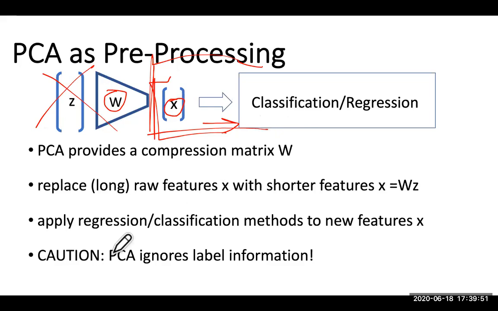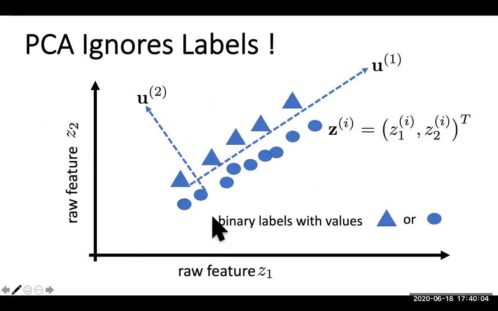But the important thing here is this might sometimes not work well, because PCA, the plain vanilla or standard form of PCA, ignores the label information. And I want to illustrate this with a very exaggerated, pathological example where we have a binary classification task. So we have two label values, a triangle and a circle.